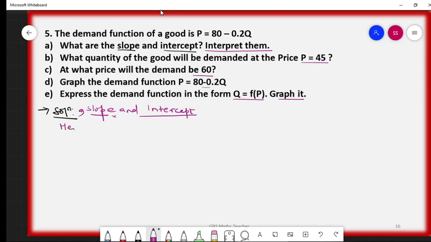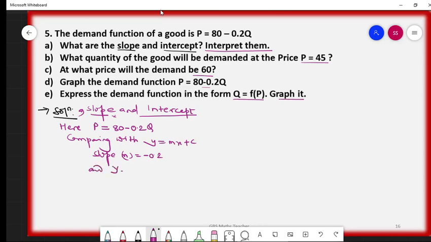Here we have given P equal 80 minus 0.2 Q, and comparing with y equal mx plus c, slope m equal minus 0.2 and y-intercept equal to 80.